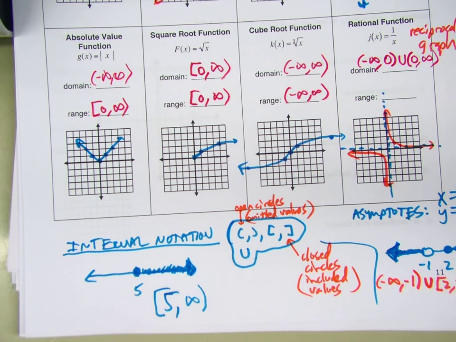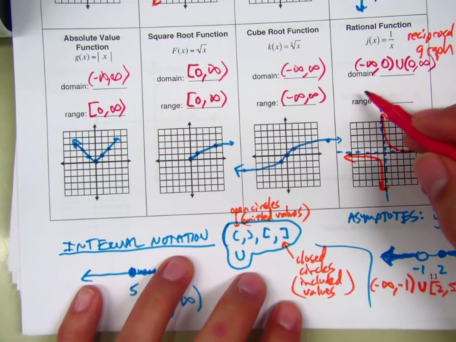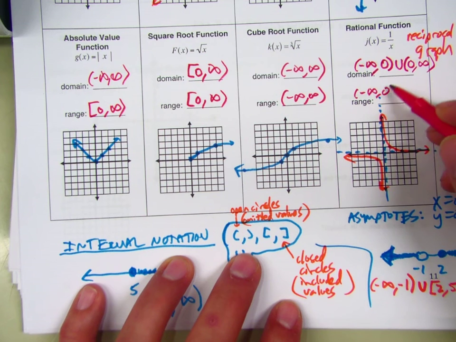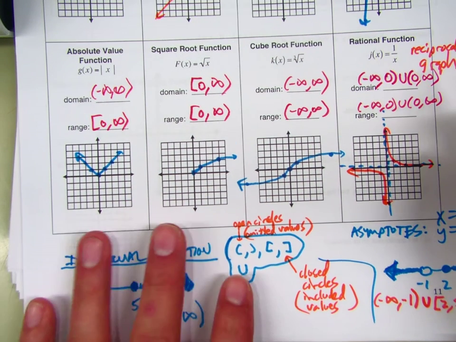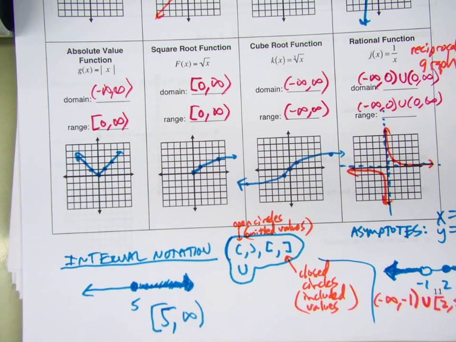Okay? The range is exactly the same. If you're looking for different ways to know domain and range, domain is just another way to think about what is allowed to be done to x, and what is not.